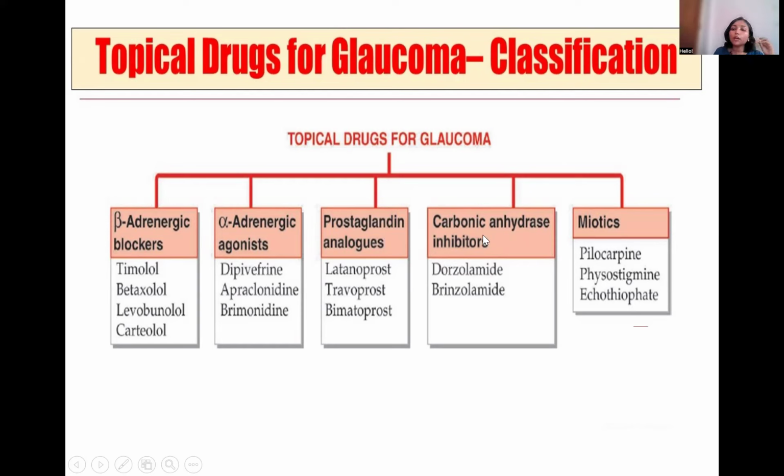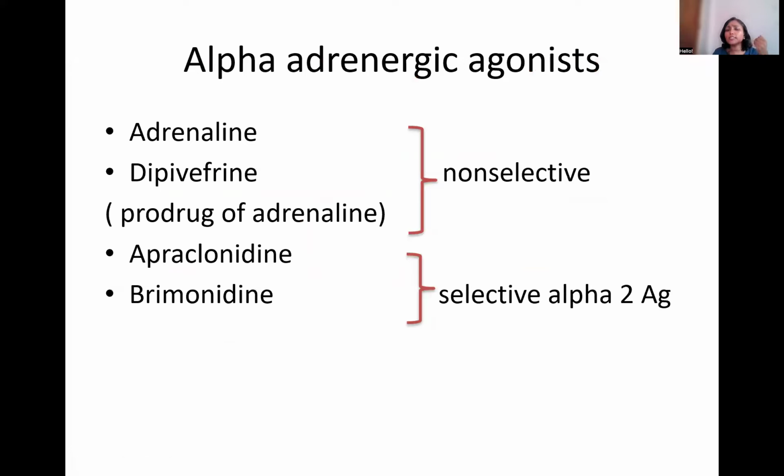Then carbonic anhydrase inhibitors: dorzolamide and brinzolamide. Then we have miotics: pilocarpine, physostigmine, and ecothiopate. Pilocarpine is a cholinergic alkaloid, and physostigmine and ecothiopate are anticholinesterases.